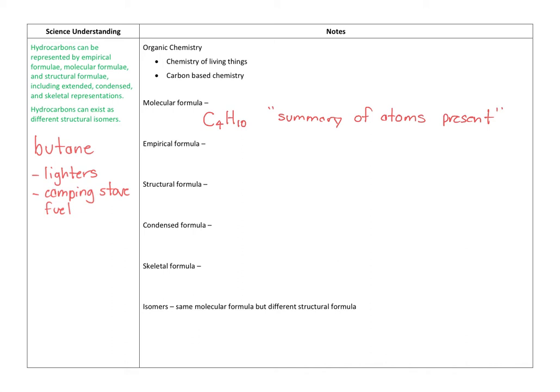Now, there is also something called an empirical formula, and the empirical formula is the simplest ratio of atoms present.